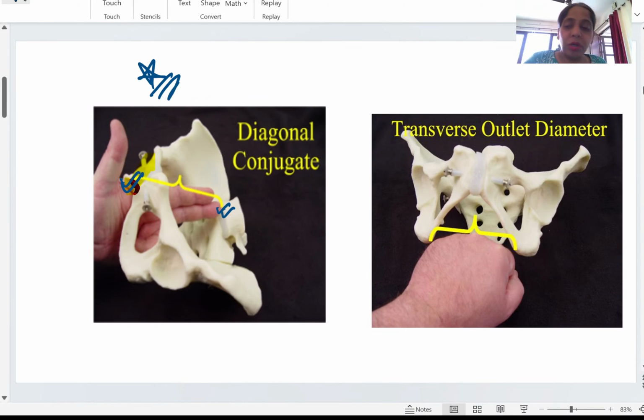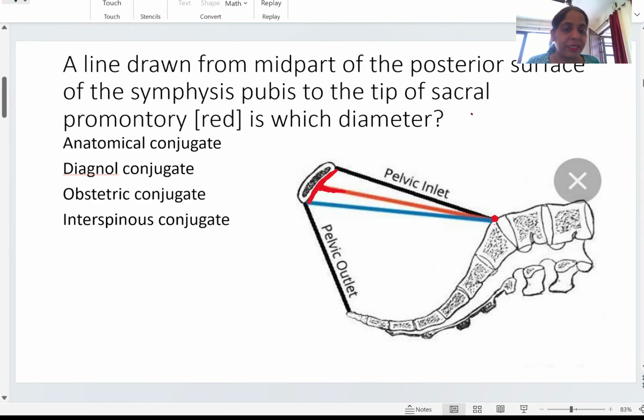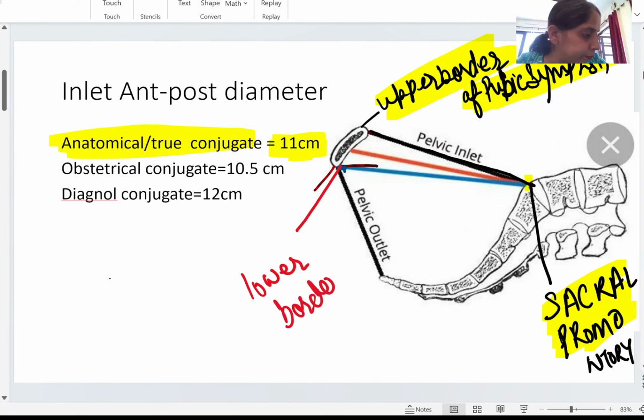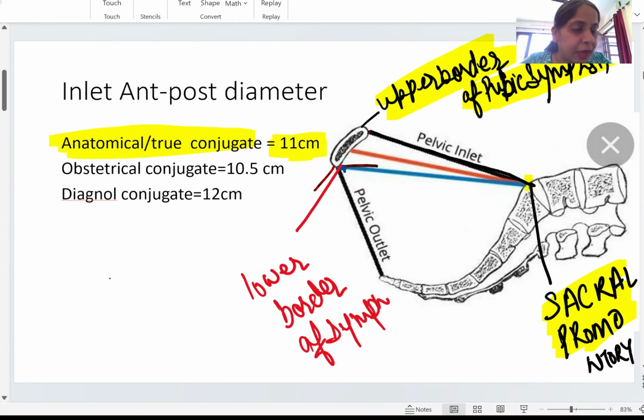So listen carefully. We measure it from the lower border of the symphysis pubis to the sacral promontory.